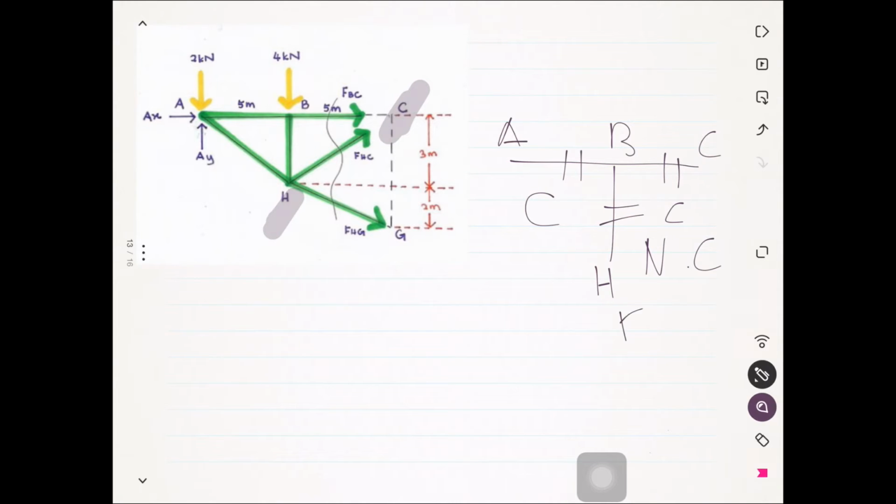Non-collinear means F equal to 0, but only if there is no external load acting on the point. But this question has 4 kN, so that means points H and C have force. So let's find the force FHC.